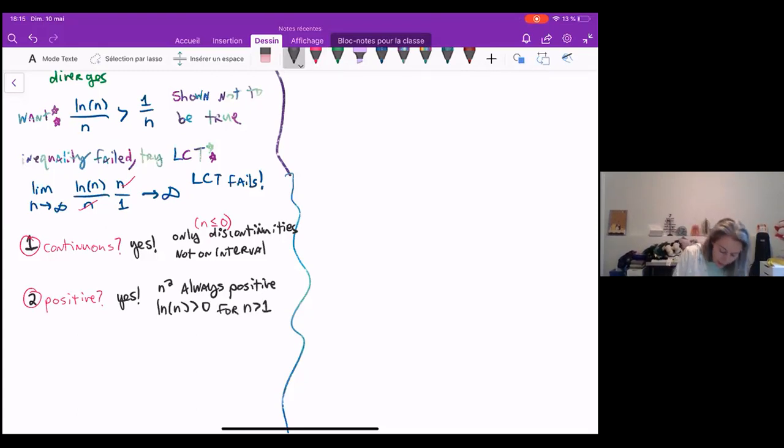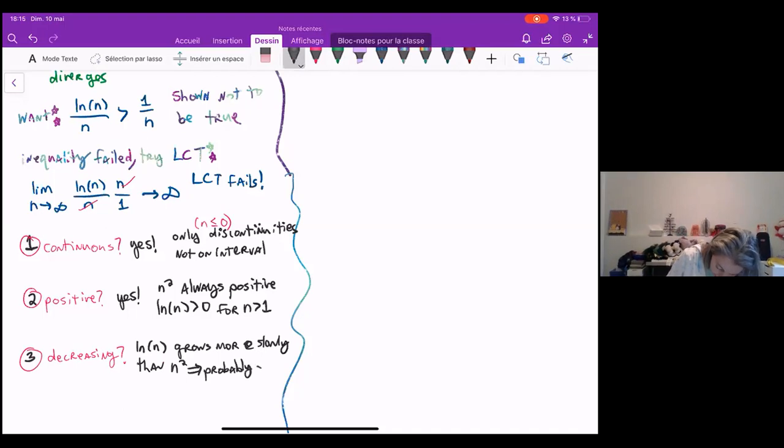Okay, so then the last one is maybe a little bit more challenging to think about. And that is, is it decreasing? So we know that ln n grows more slowly than n squared, which tells me that it's probably decreasing.